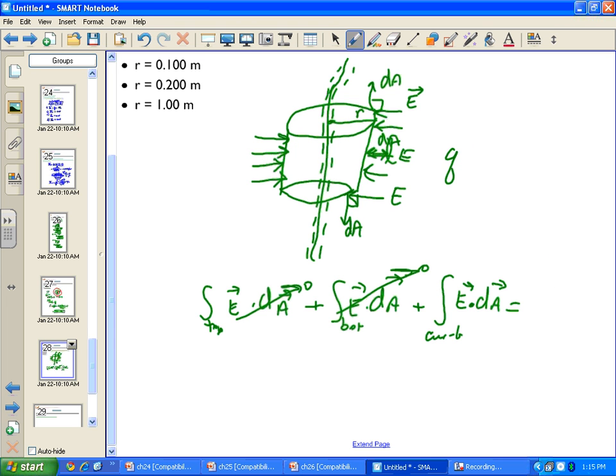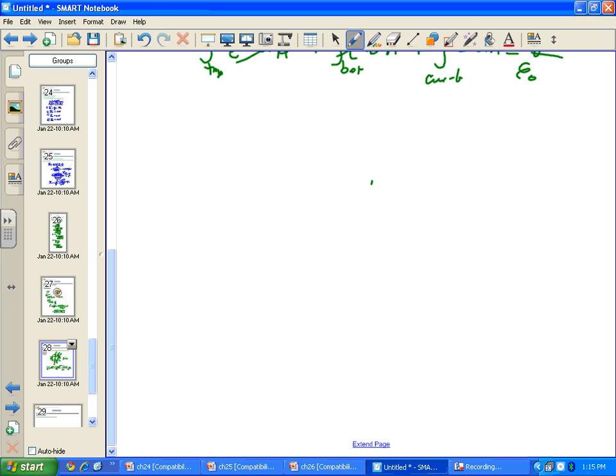So what is the charge inside? Well, since it's a uniform charge distribution, we know that it's going to be the density of charge times the length of the cylinder. So our Q in is, in this case, let's go ahead and write it here, E times the curved area of the cylinder, pi r squared times L, equals lambda times L over epsilon naught.